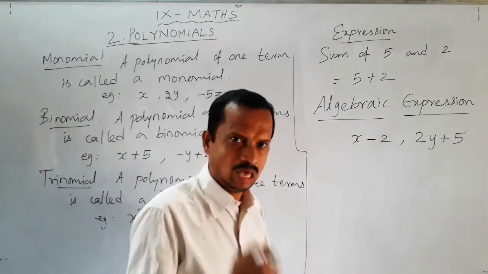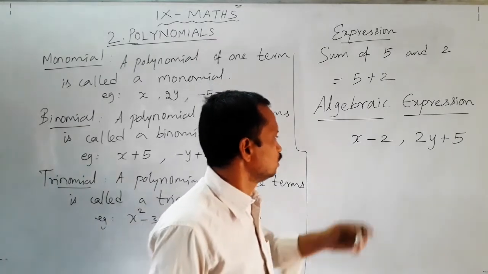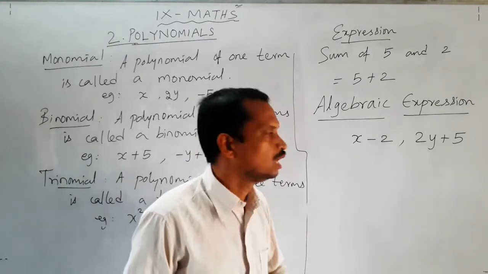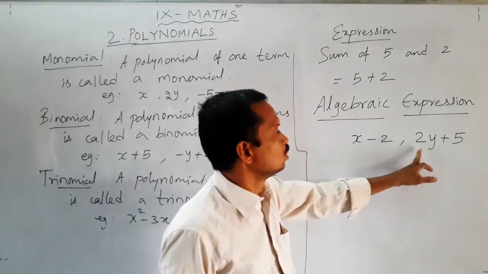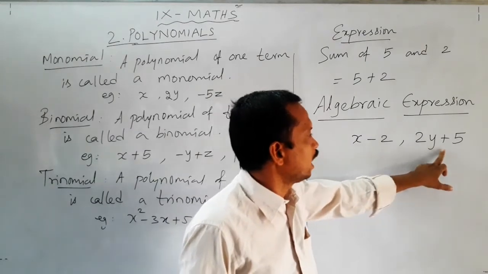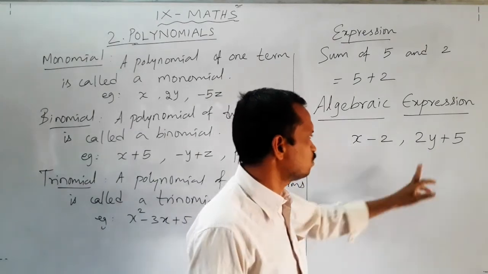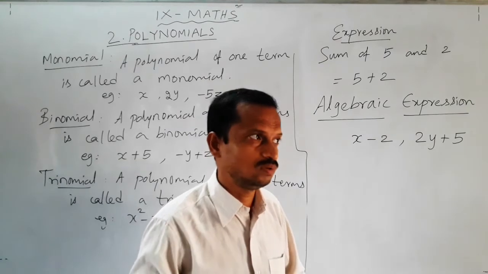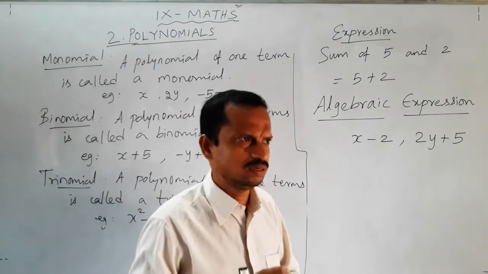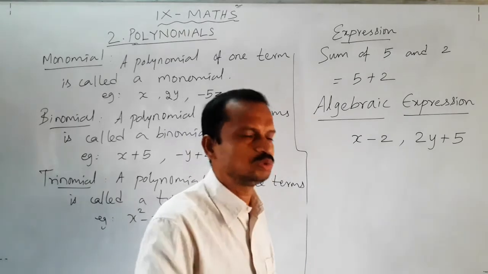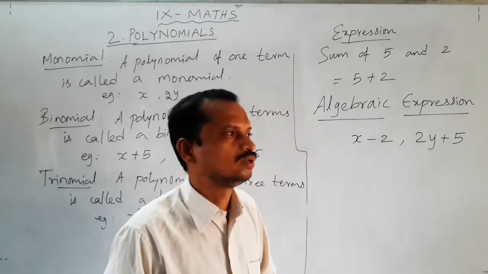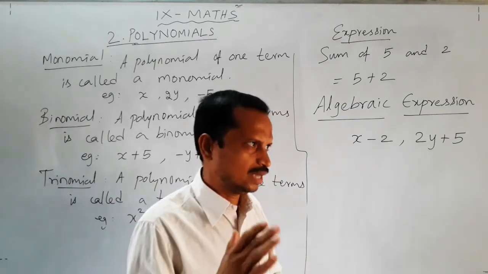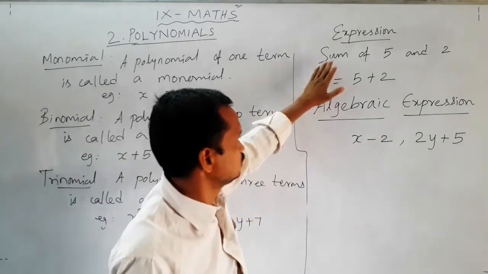So x minus 2 means in words we can say 2 is subtracted from x. And this we can say twice y added with 5, or sum of twice y and 5, sum of 2 times y and 5. Like that, in different ways we can say in words. So from words to algebraic expression. I hope you studied this in class 8. So this is an expression and this is an algebraic expression.